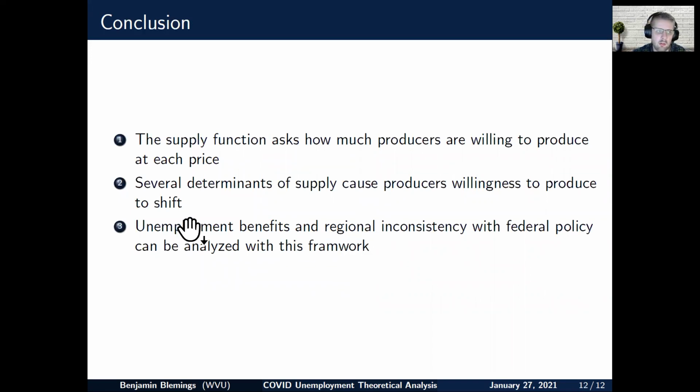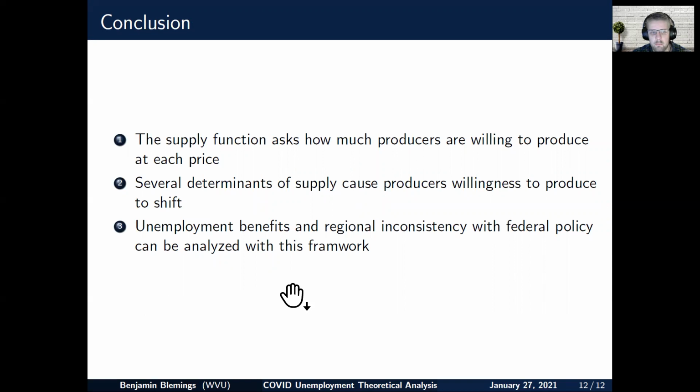Businesses are thinking about how much money they can get for producing Coca-Cola or iPhones or PS5s or whatever. And we know that there are several determinants of supply that will shift the supply curve and affect the equilibrium in markets. That's kind of a 201 thing, but I will ask you to do some of that basic analysis in your homework.